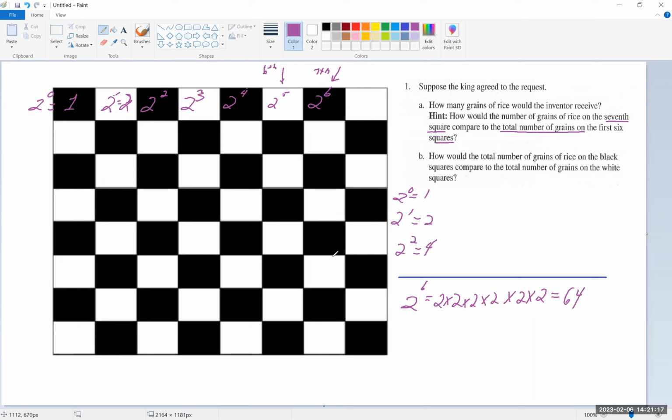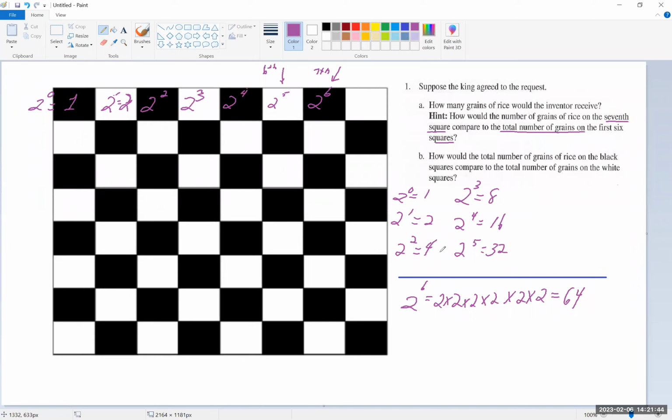It's just 4. 2 to the third power is the next one, which is 8. So you're just basically doubling. That was the story behind the story problem anyway. 2 to the fourth power is 16, and 2 to the fifth power is 32.